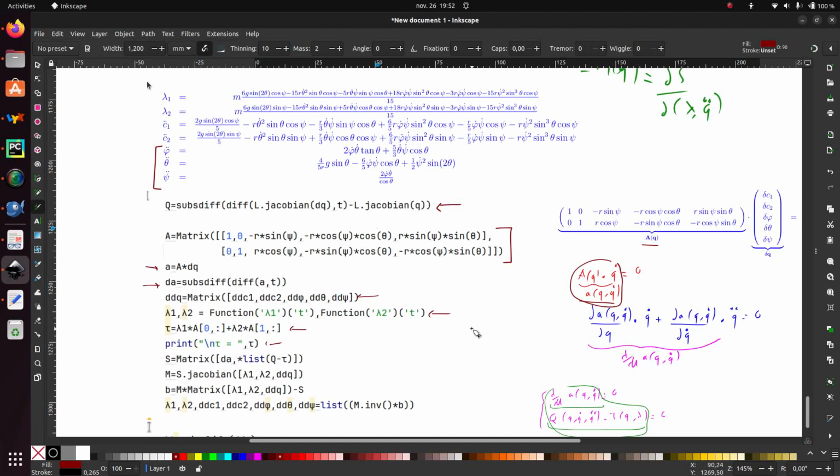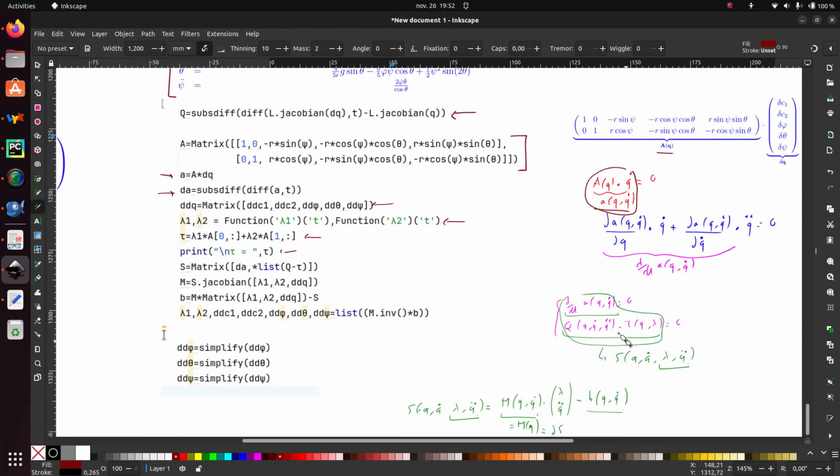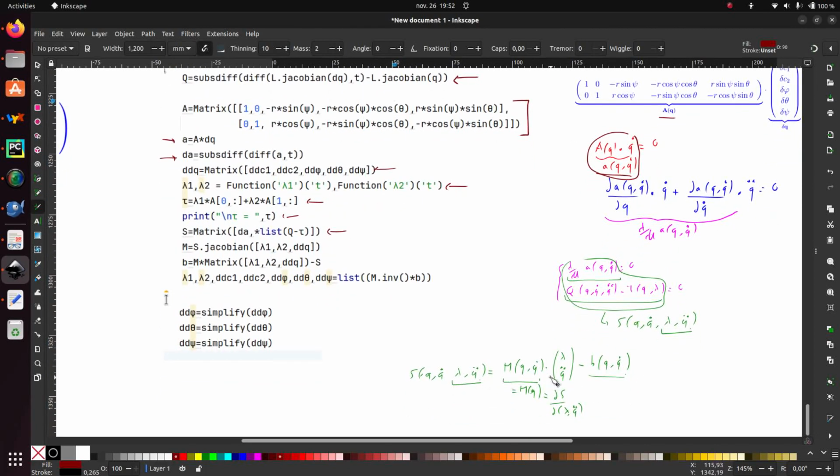The matrix S was defined here, so I write the following line. Then M, I rewrite M and B as defined from S. So I can compute them by computing the derivative of S with respect to this one. It is what I do here, thanks to the Jacobian with respect to lambda and ddq.